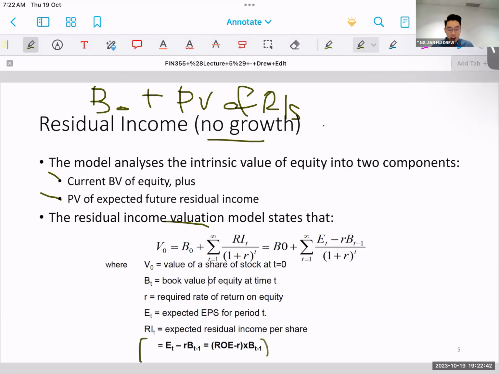And so this is the formulation that we just talked about, that we can either consider the net income, or earnings per share, or we can use the formulation of ROE.